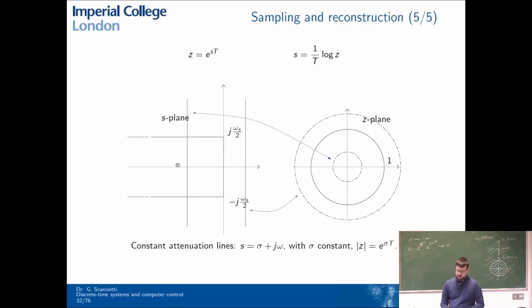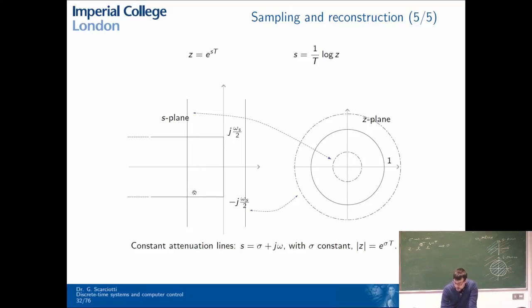So the constant attenuation line is telling us what happens to poles that produce a response that has the same speed, okay? Because all the poles that appear here produce a response that has the same speed.